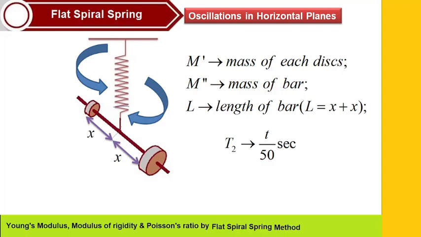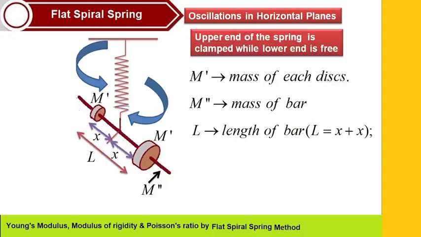Mass of each disc is m dash, and mass of bar is given as capital M double dash, and length of bar is given there, and time period T2 is given as small t divided by 50 seconds. As usual, the upper end of the spring is clamped while the lower end is free. M dash is the mass of each disc, M double dash is the mass of the bar, capital L is the length of the bar. This is shown in the diagram.